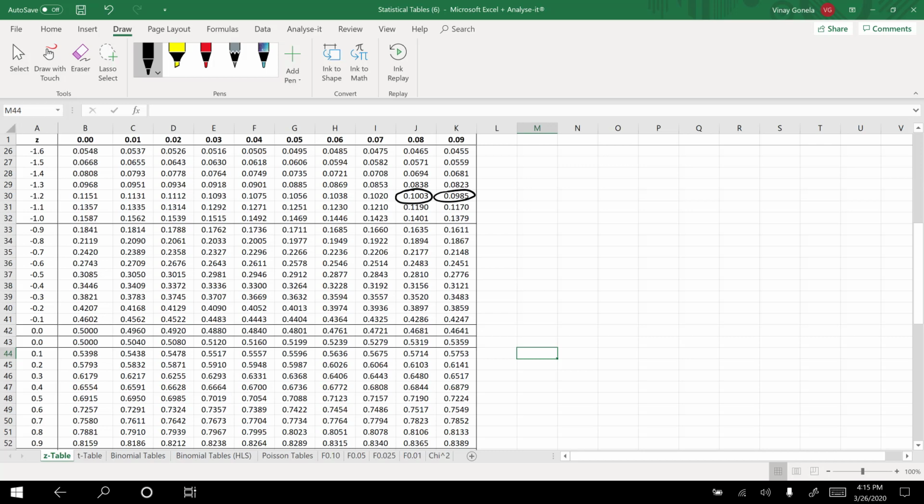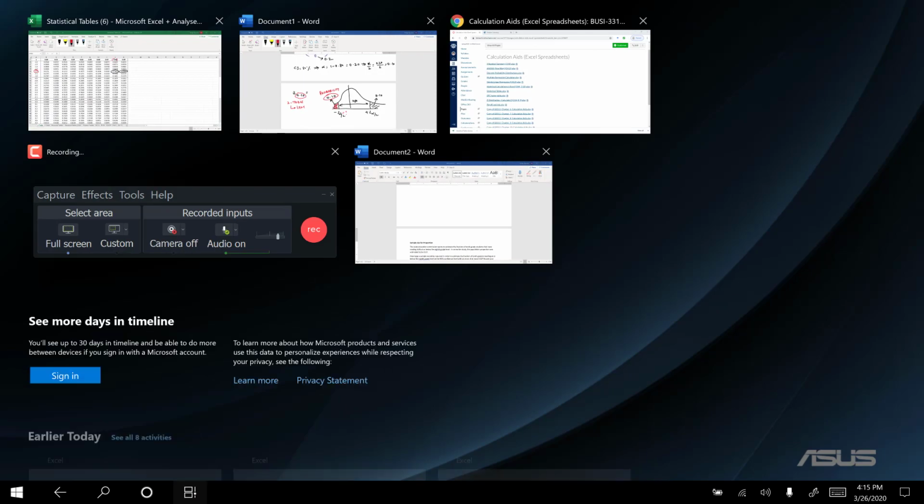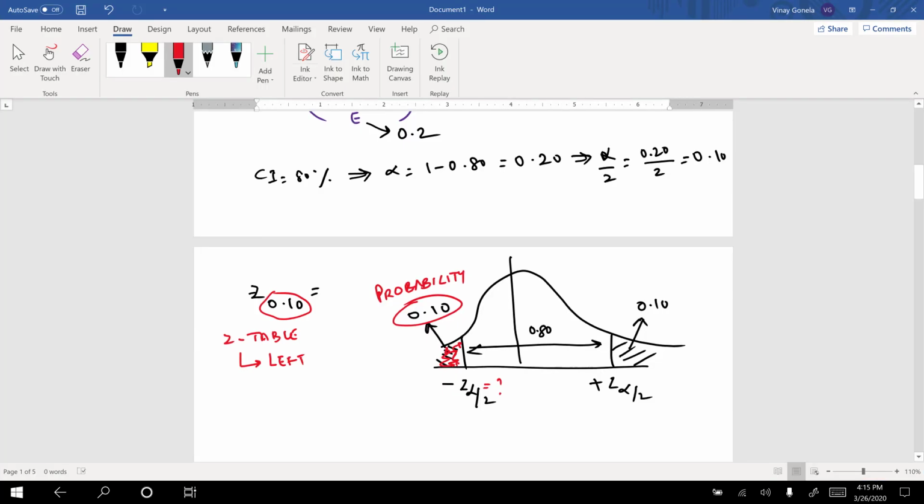So I will take maybe negative 1.28. Again you can take negative 1.29, so you can take any one of them. So I will take negative 1.28. So this value is negative 1.28, so this will be positive 1.28.